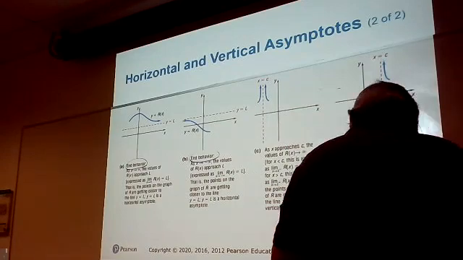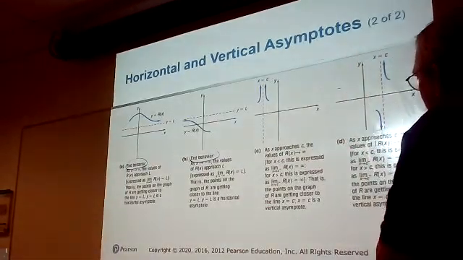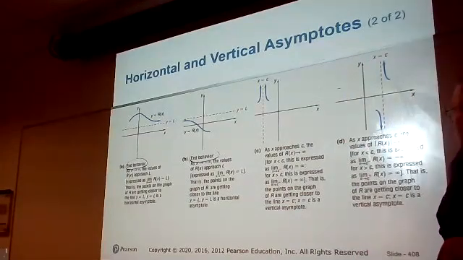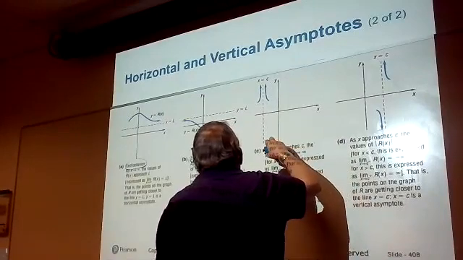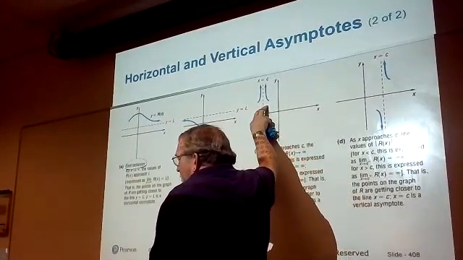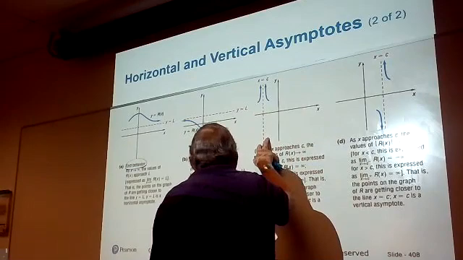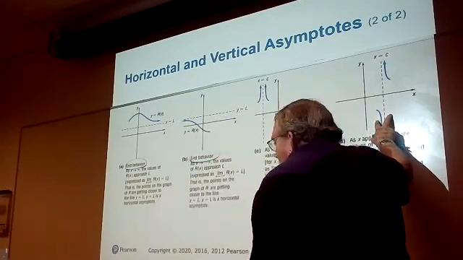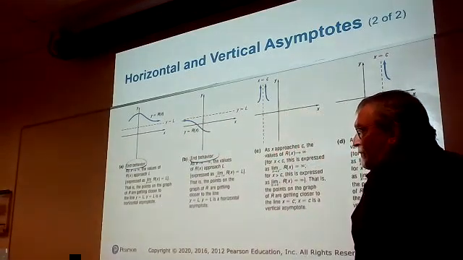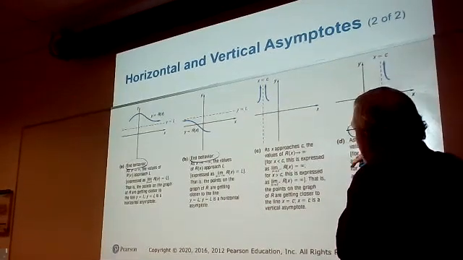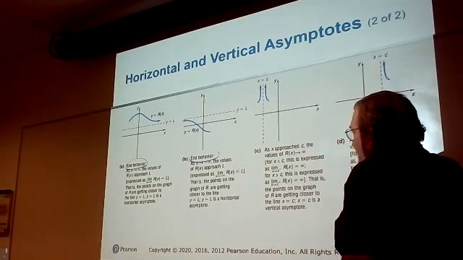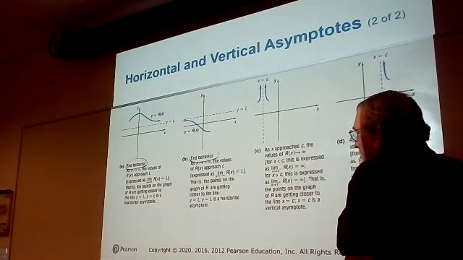So those are the situations that can occur. For a vertical asymptote, on both sides it could be both going up or both going down, or they're going in opposite directions. So you have one of these two happening for vertical asymptotes.